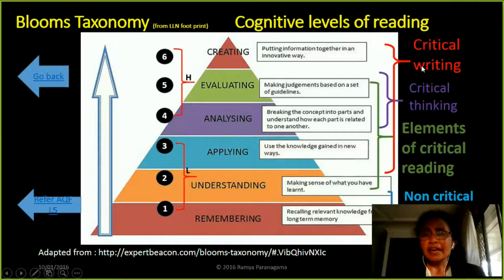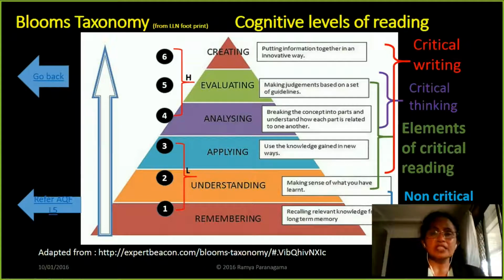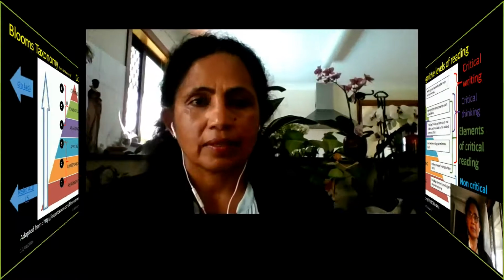Now when you look at critical writing and critical thinking, these two stages, evaluation and analyzing, touch both areas. Your brain is not divided into this side for thinking, this side for writing, and that side for reading. Your brain is constantly processing this information. So this is the connection. To show the connection, the best tool is Bloom's taxonomy. And we are done with that.